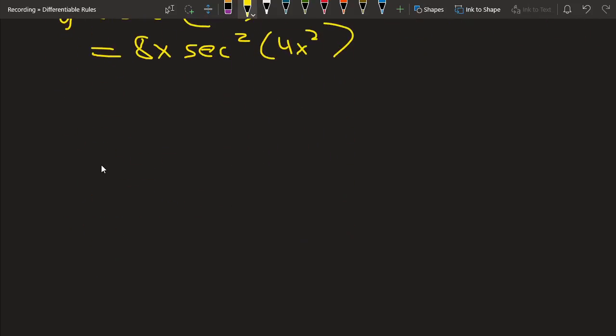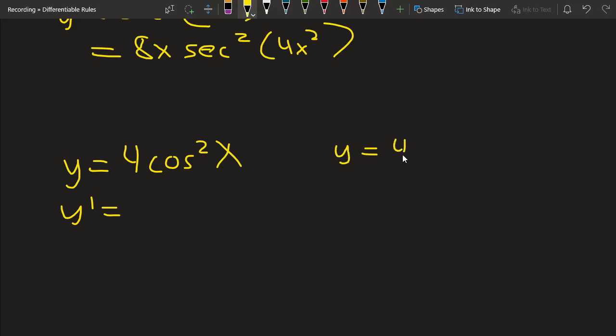So let's try to solve this. If y equals 4 cosine squared of x, what is y prime? Also known as find the derivative of y. To do this, we can first rewrite the function as y equals 4 cosine of x squared.